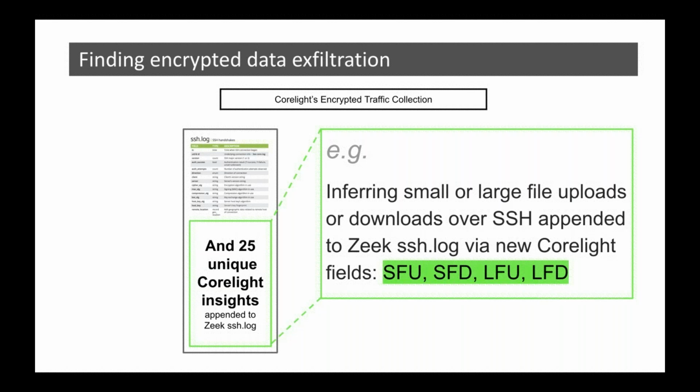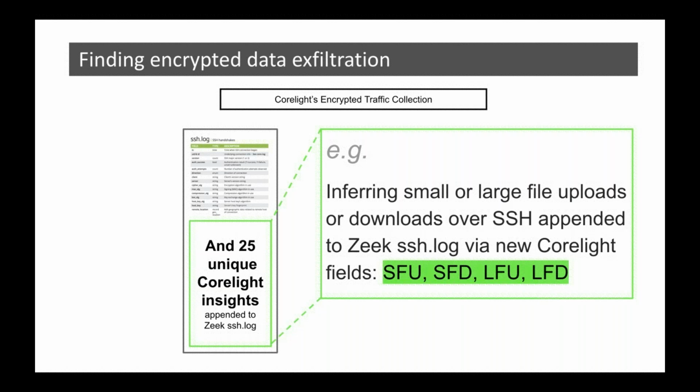In this particular example, we have a way to infer whether there were file downloads or uploads occurring over the SSH connection. And we can also infer whether those were relatively small files, like a profile file, for instance, or something large, like an image or a large document.